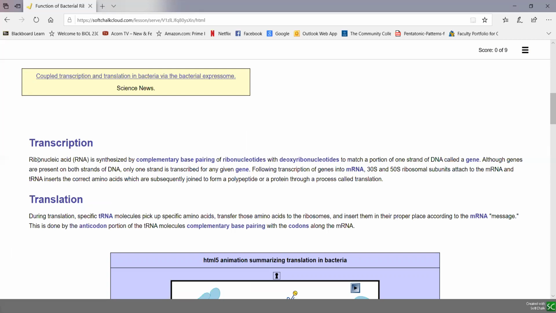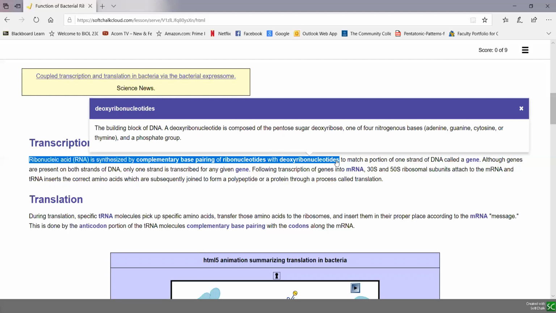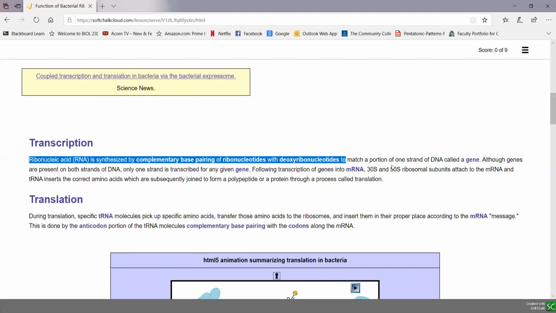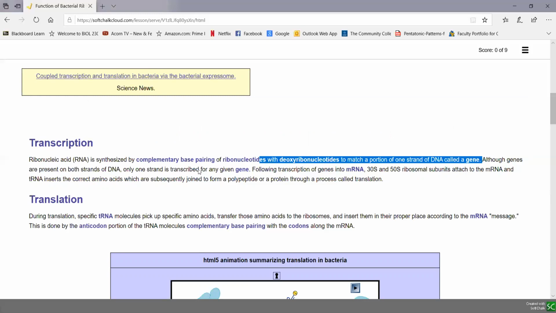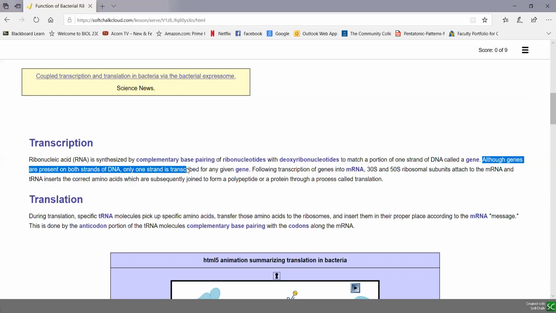So ribonucleic acid, or RNA, is synthesized by complementary base pairing of ribonucleotides with deoxyribonucleotides on the gene so that it makes a complementary copy of that gene. Now, although there are genes present on both strands of DNA, only one strand is transcribed for any given gene.